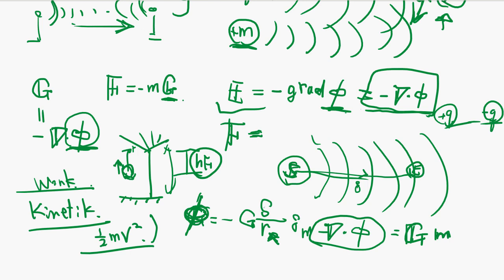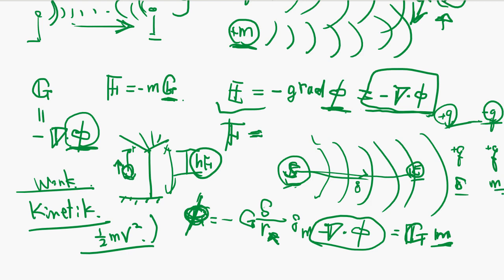For symmetric consideration, it would be a repelling force, because both masses are positive. So for the electrical field, the same charge is going to repel, but in the gravity field, they attract.